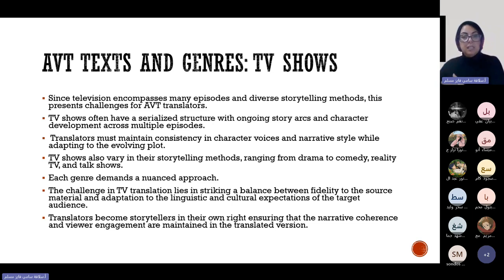However, in the series, since the series have multiple seasons, they have many episodes, so there should be a sort of consistency in the translation process, whether in the subtitle or in the dubbing. Imagine you are listening to a dubbed Turkish series, the voice of the main character is wonderful in the first few seasons, then in the fifth season his voice changed to someone else unknown whose voice is not nice.